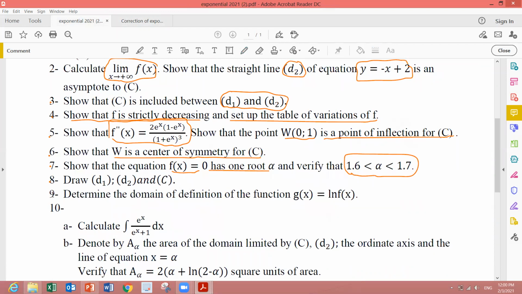Part 9. Show that g(x) equal ln f(x), domain of definition. We are going to calculate the domain of definition of the function g(x) equals ln f(x). Either all of you have done it not correct. So everything inside ln should be positive.